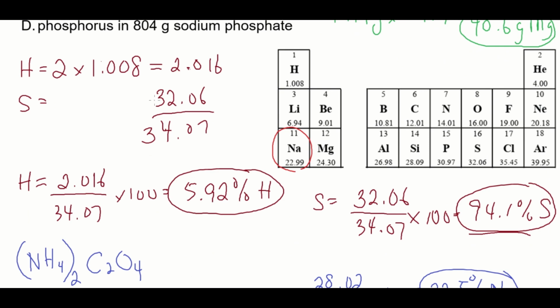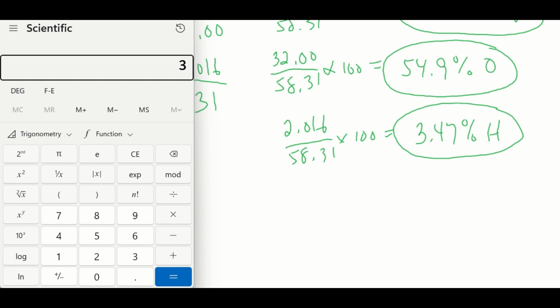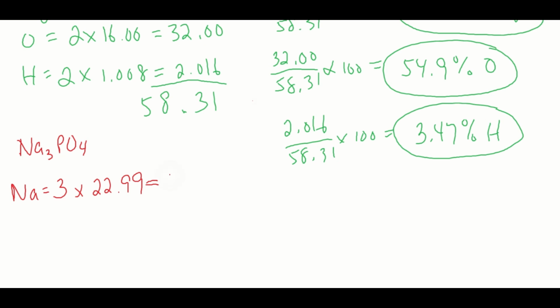Sodium's mass is 22.99. There's 3 of them. 68.97 is the mass for the sodium component.